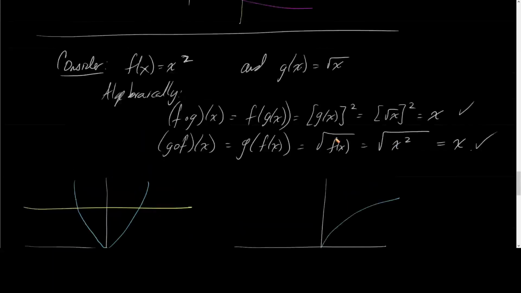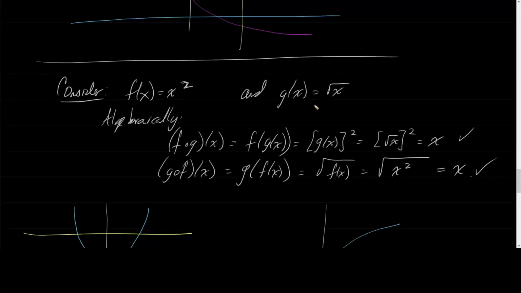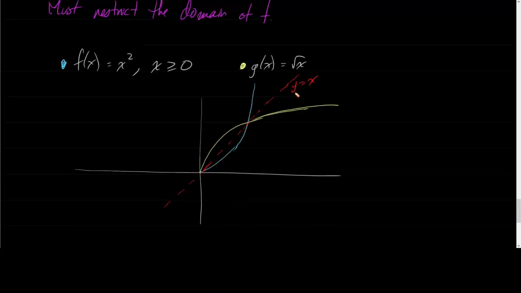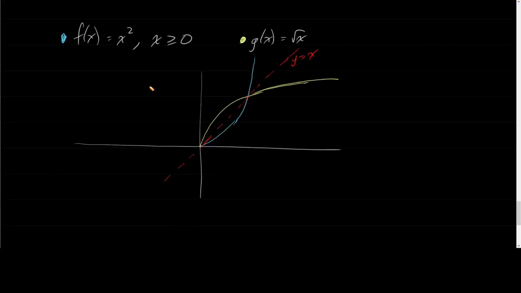So technically speaking, x squared and square root of x are not inverses of each other. However, when we restrict them, when we restrict f, it is. All right, so let's do an example or two on how to find what the restricted domain should be.